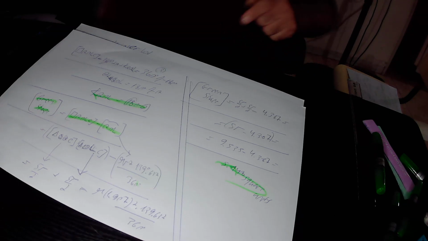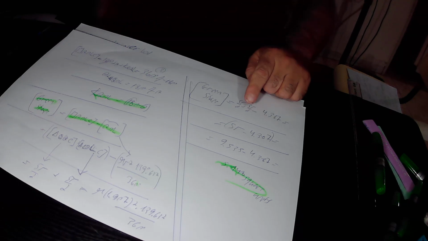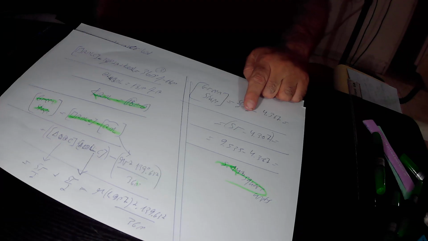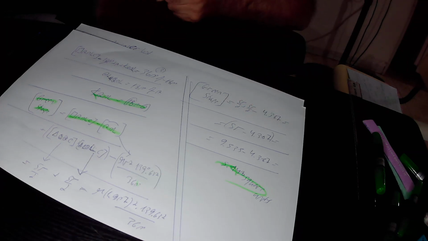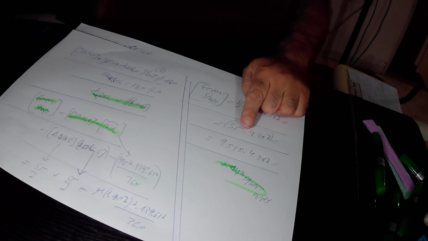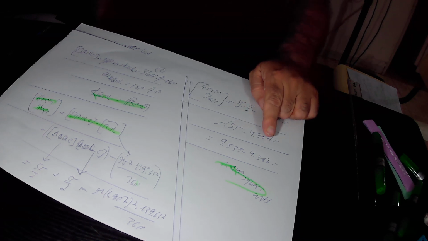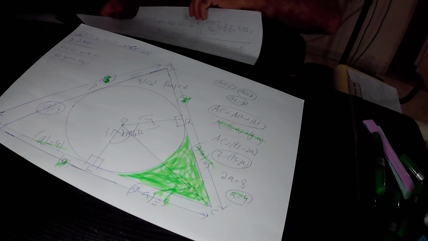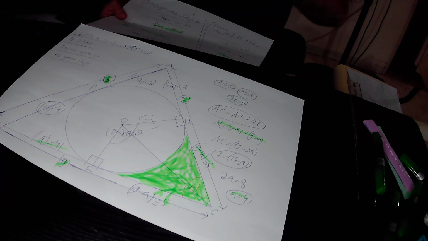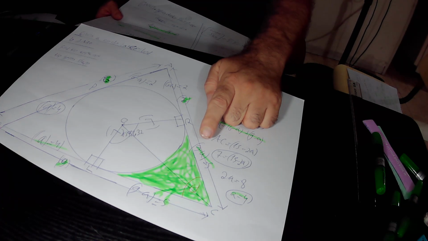R is 1.907, therefore 5R is 5 times 1.907, that is 9.535. In total, the area of the green shape equals 9.535 minus 4.387, that is 5.148 squared in size. So the area that we are looking for in this question, the area of the green shape, is equal to 5.148 squared in size.